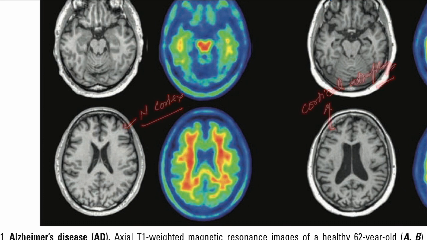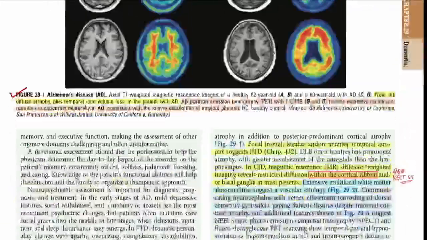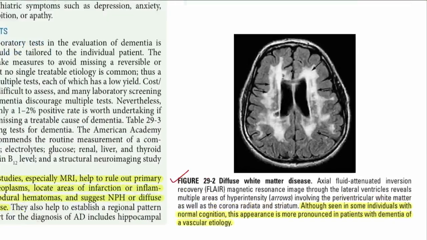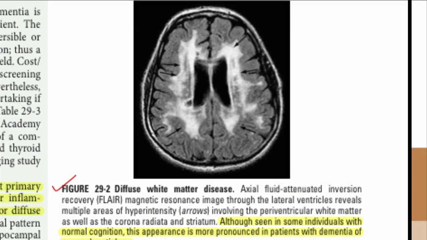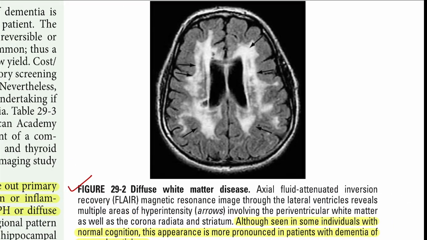You can see the more marked grooves, the more finger-like projections. These are the atrophied cortex. Here you will see diffuse white matter disease. The white matter here is very much increased, very much diseased type. It is fibrous type.